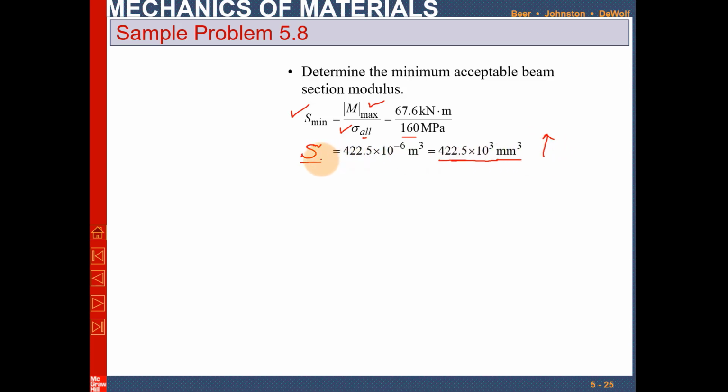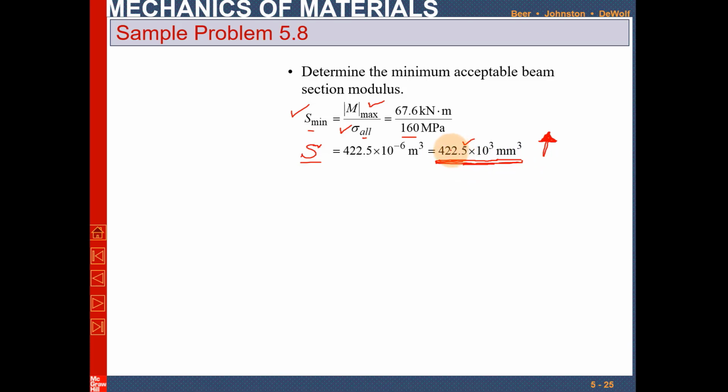Always remember that this is the minimum value, so you cannot take a beam of section modulus less than this value. You have to pick either this minimum value or go above it, which will be a safer beam. But if you select a beam with a section modulus less than this value, obviously it will not be safe and the beam can fail.